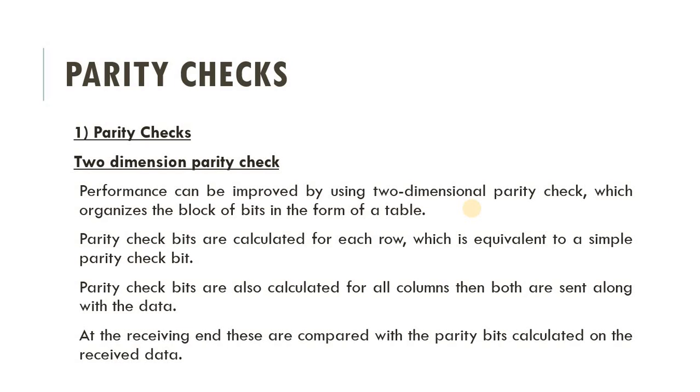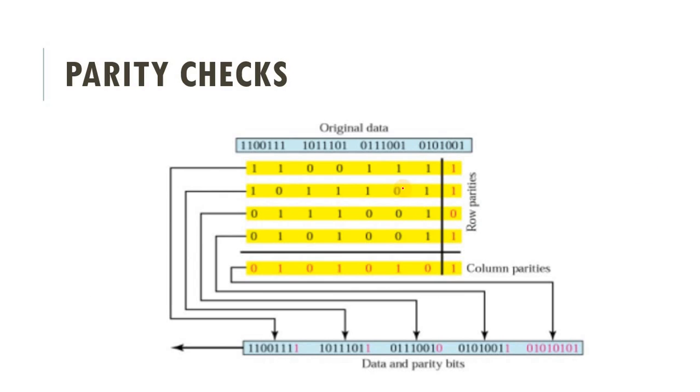So we'll calculate the parity bits of each row, and then we'll calculate the parity bits of the columns, and then we'll send the data to the receiver. For more effective results, we are using two-dimensional parity checks. So suppose this is the data, and we are writing this data like this.